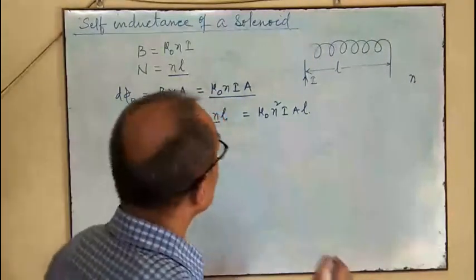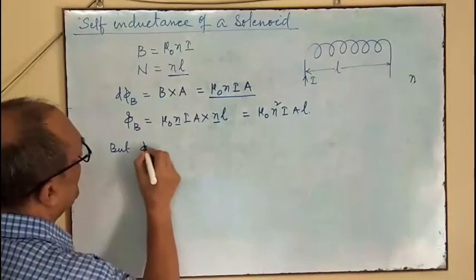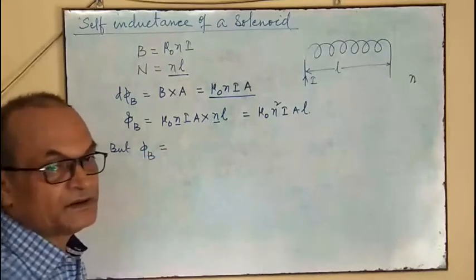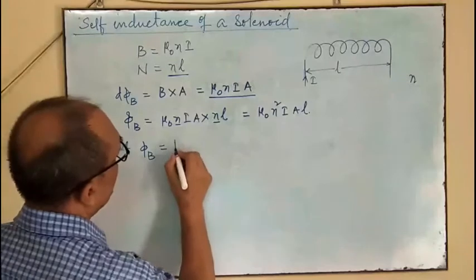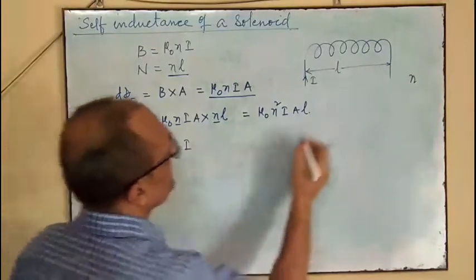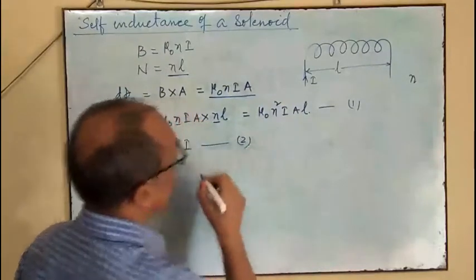But we know that magnetic flux, from the definition, will be Li. So we have equation number 1 and this is equation number 2.